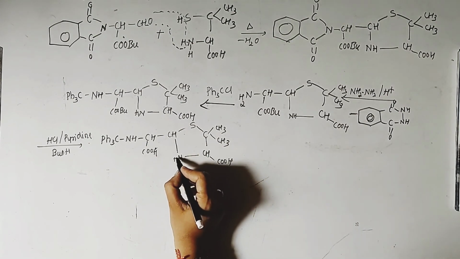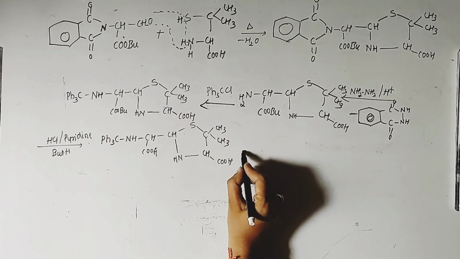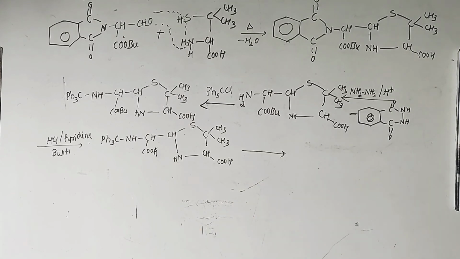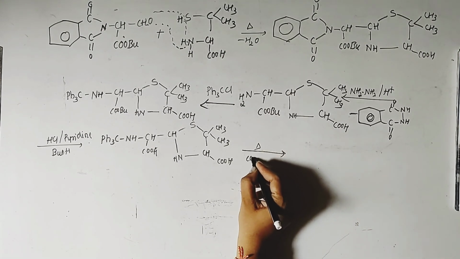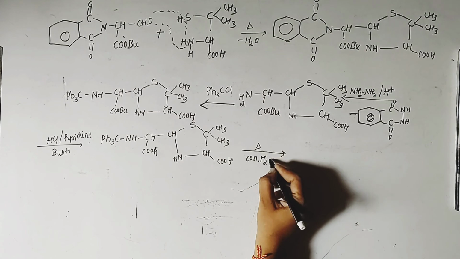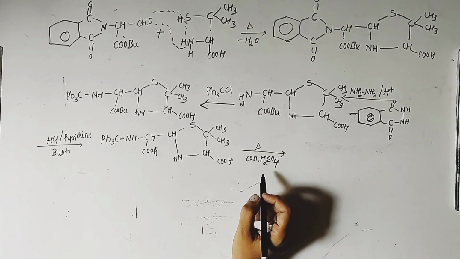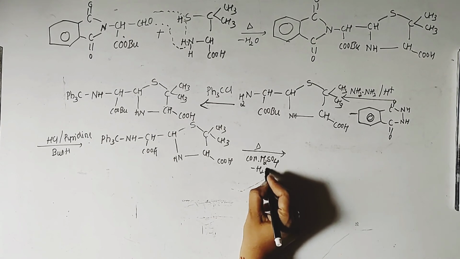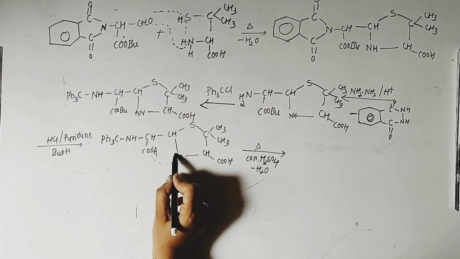Now the cyclization will take place to form the lactam ring, and the cyclization will be done in presence of concentrated sulfuric acid, that is concentrated H2SO4. So during this reaction the water molecule will get eliminated, that is this hydrogen and this OH group will bind.